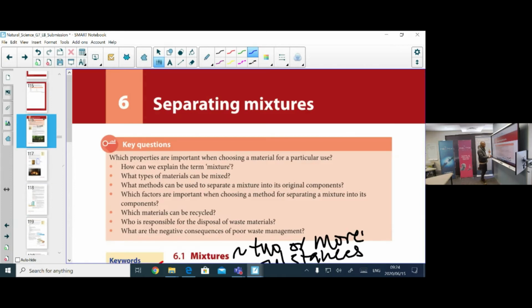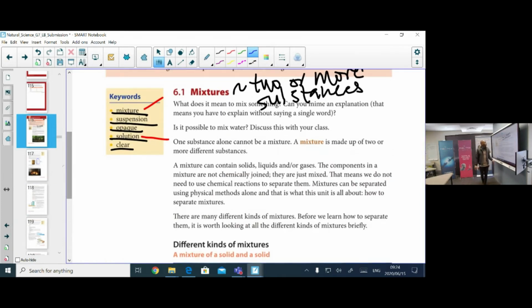So we now know what the mixture is. We know that the mixture is two or more substances coming together to form a solution, right? We know that we have suspension, being particles in our mixture that are floating in our mixture.